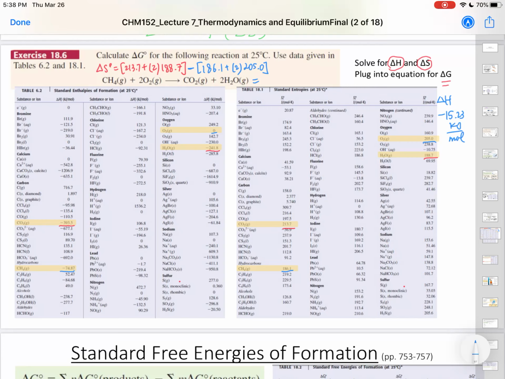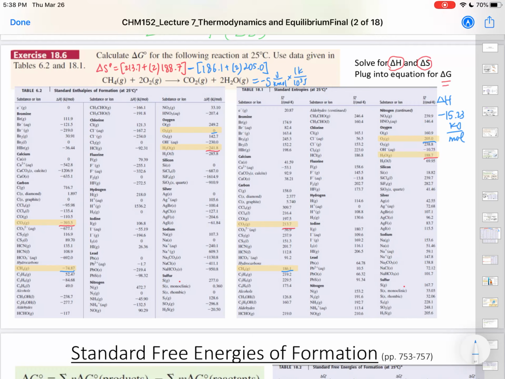Let me just check that real quick. 213.7 plus 2 times 188.7, subtract 186.1 plus 2 times 205. Yes, just confirming that, I get minus 5 joules per Kelvin mole.